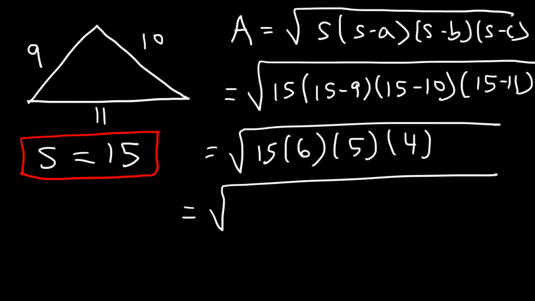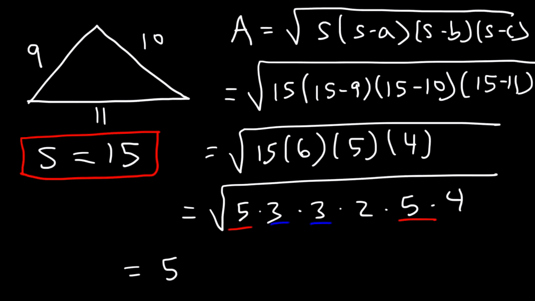Now let's see if we can simplify this an easier way. 15 can be broken into 5 and 3, and 6 is 3 times 2. I'm not going to change the 5, and the 4 I'm going to leave alone. So basically, these two can come out as a single 5.